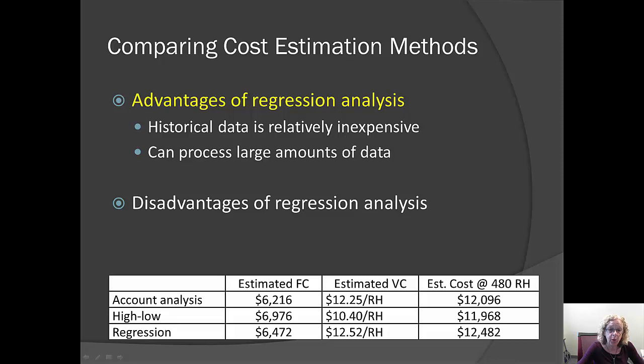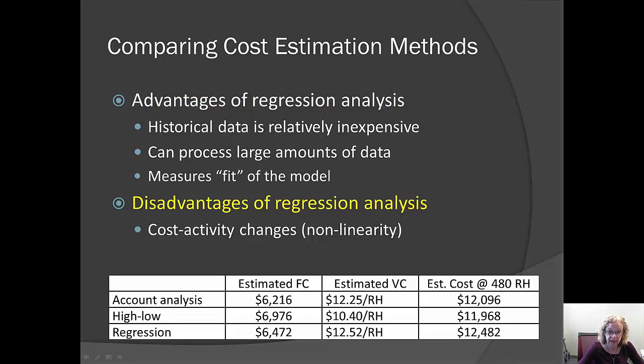Number two, we can process huge amounts of data quickly and easily. And number three, regression analysis will always tell us how good, how reliable, how descriptive our model is. However, it's not a perfect method.